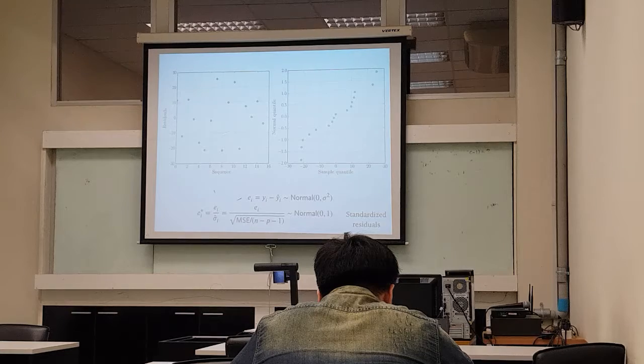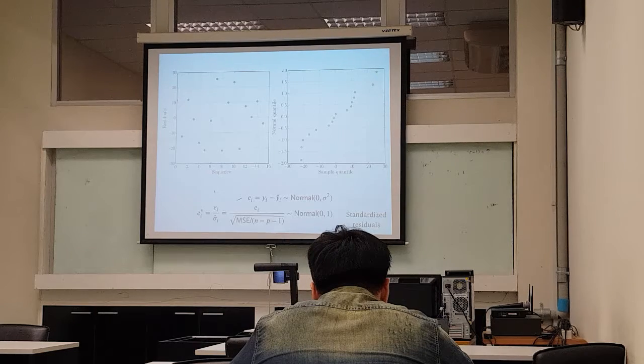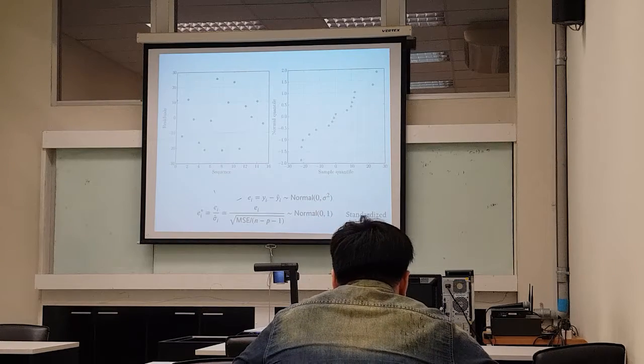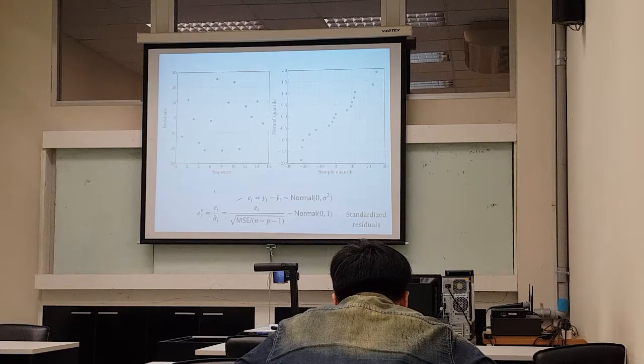This one is a plot of residuals e1, e2, e3. It is a sequence: this is the first residual for the first observation, the second observation, and so on, and this is the value of the residual. If your residuals are independent, then they should be randomly spread around the graph, with no correlation in the pattern, no trend.